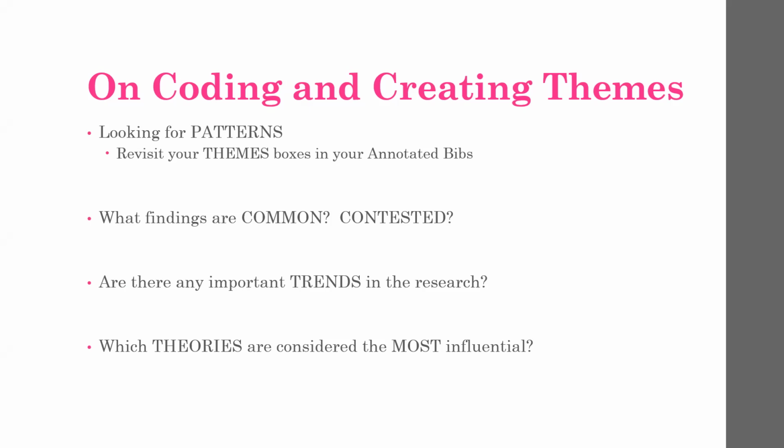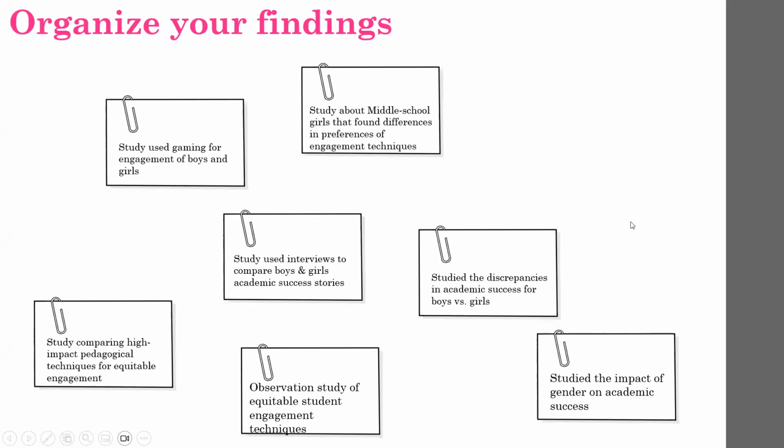And I know that sounds really old school, but when it comes to trying to organize things into themes, if you have these studies laid out in front of you, you can take a highlighter and go through and look for some of the common themes, ideas, concepts that are standing out for different articles.